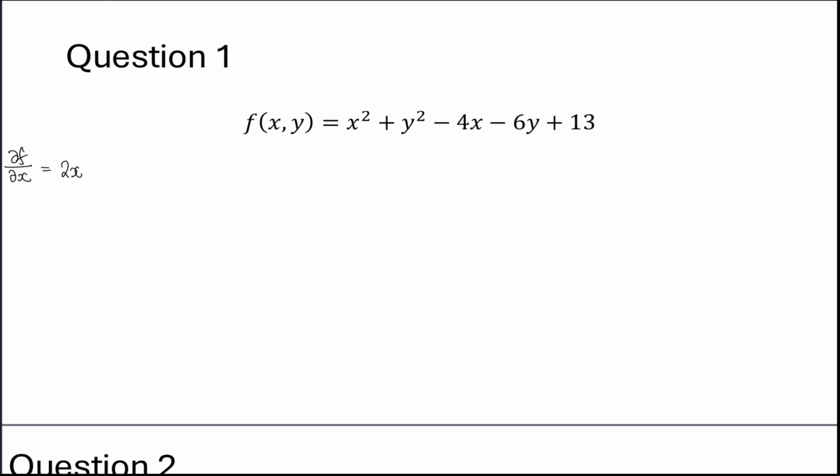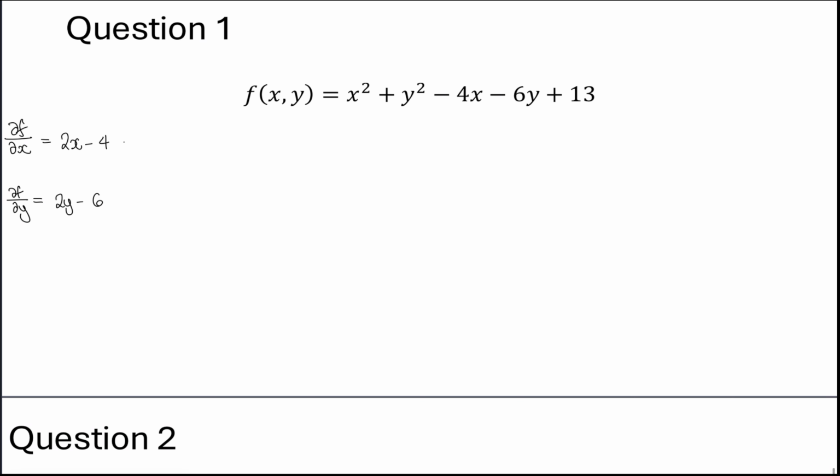That gives me 2x minus 4. Partially differentiating with respect to y gives me 2y minus 6. And our first order conditions are always equal to 0. So we get 2x minus 4 is equal to 0, and 2y minus 6 is equal to 0. So this means x must be 2 and y must be 3.